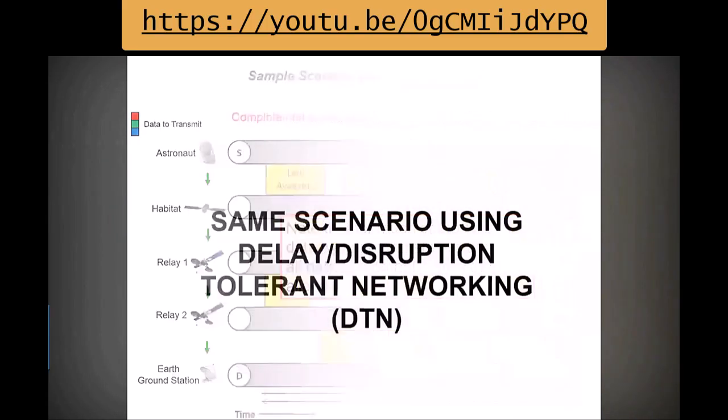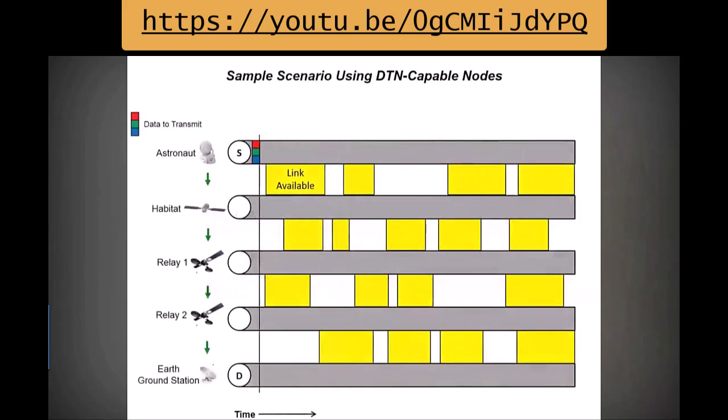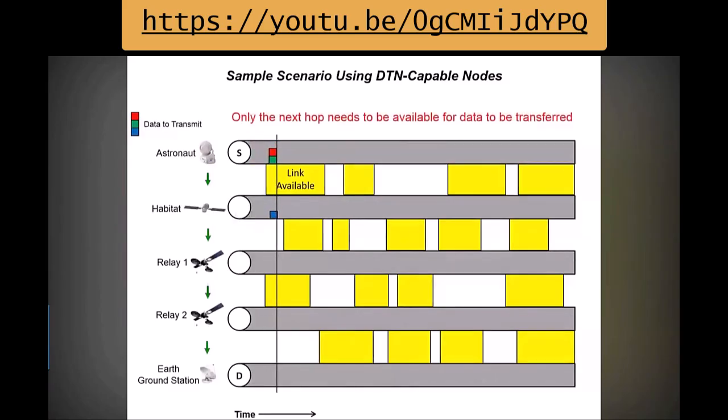So with traditional IP, we need to have that complete path available to us. But this is the way it works in DTN. Only the next hop along the path needs to be available. So it can send right now because the habitat is available, relay 1's available, great, but now relay 2 is not available. It's gone on the other side of the moon or something.